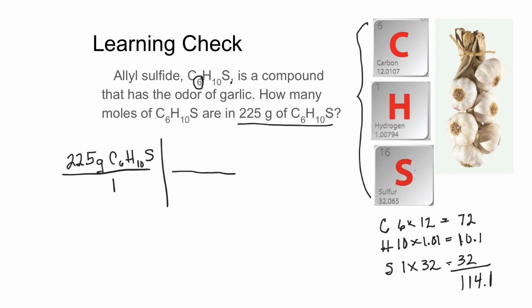And since we're looking for moles, we're going to put moles of C6H10S up here, and grams of C6H10S down here. And so we have 1 mole is equal to 114.1 grams.